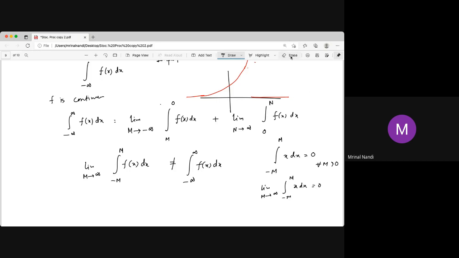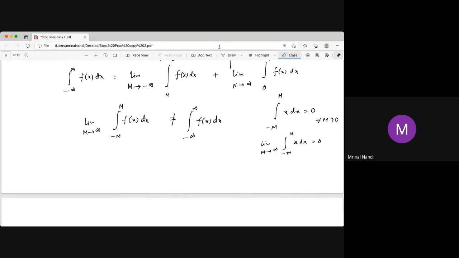But if you take the limit in two different ways, the limit of the integral from 0 to m does not exist. So if I ask whether the improper integral of x dx from minus infinity to infinity exists, you say no, it does not exist.